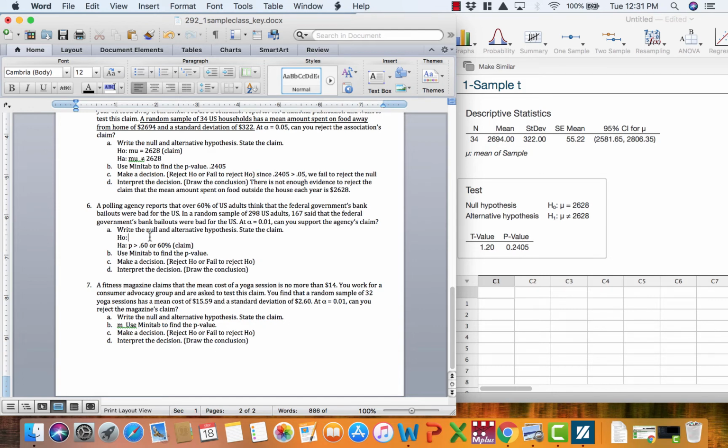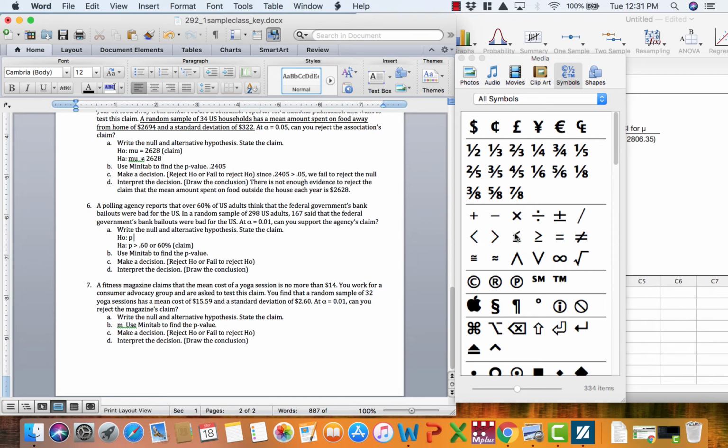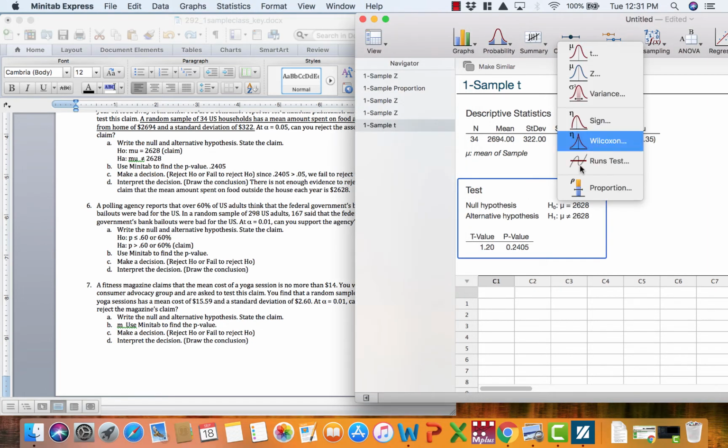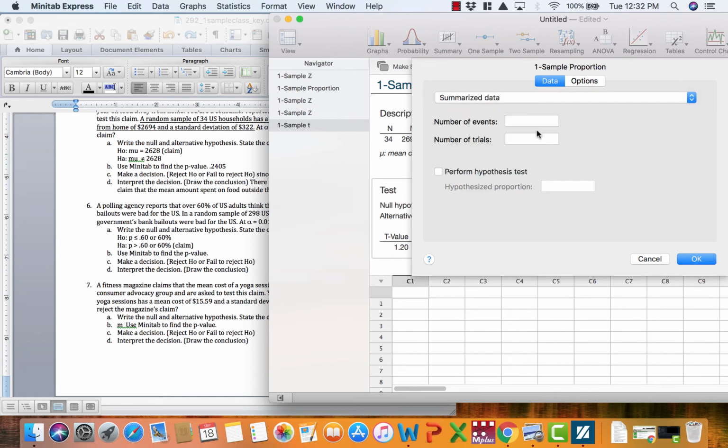And so that means that our null would be P less than or equal to 60%. Okay, so again, this is a proportion test. We have summarized data.